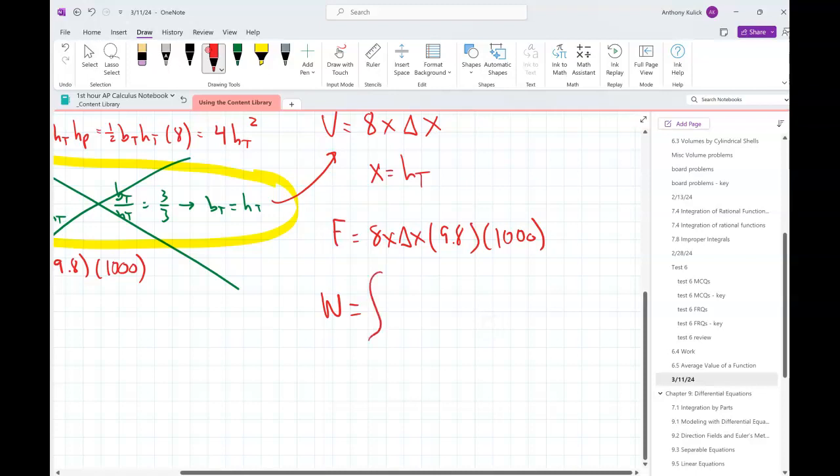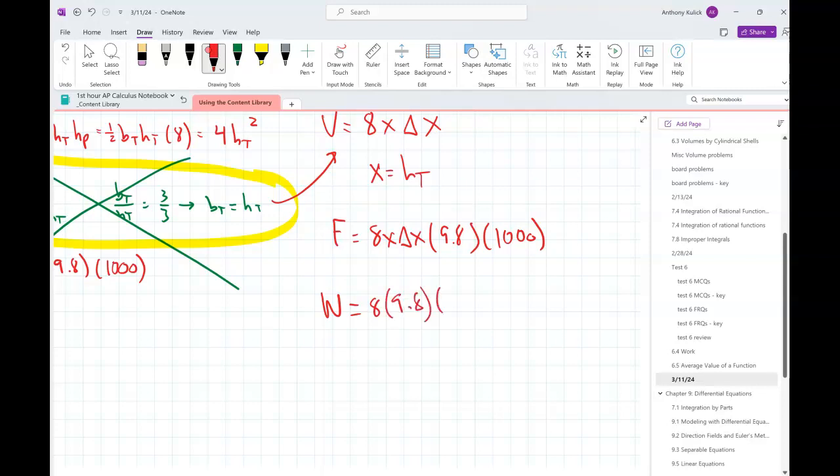So we're going to have, let's move all this stuff out front. And then we just have to think about the bounds of integration now, right?